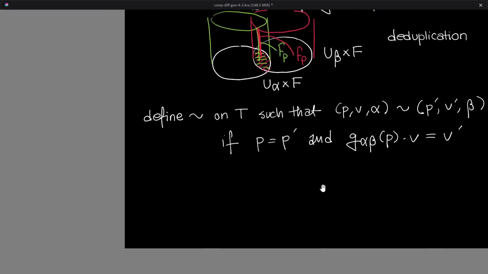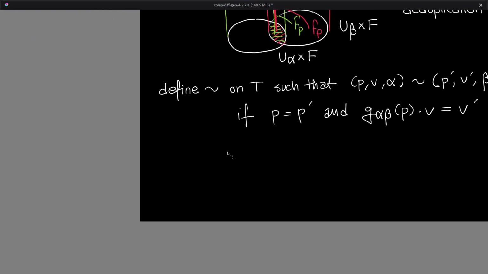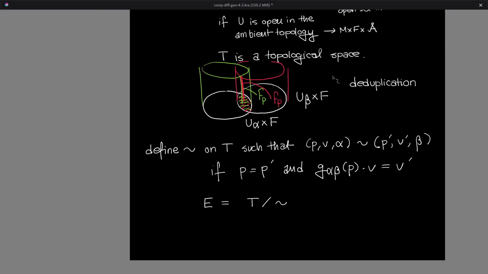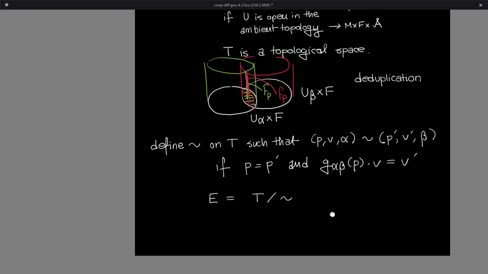Okay. So we've defined tilde. So let's define a space E, which we're going to say is T modulo the equivalence relation tilde. What does that do? Well, we've seen that what tilde removes are duplicate versions of the fiber, right? If there are two fibers in two different local patches, local trivializations, then they get turned into one single point, right?